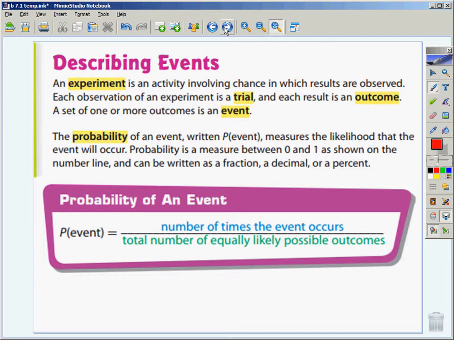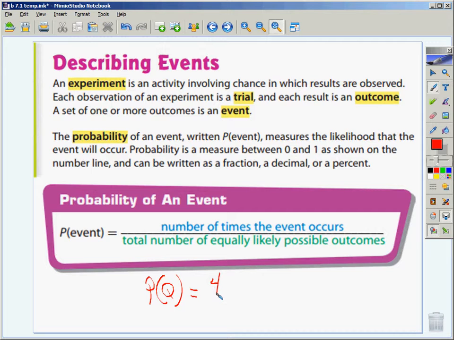When you're figuring the probability of an event taking place, it's written this way. And whatever that event might be, maybe you're talking about a standard deck of cards and the probability of drawing a queen. Well, how many queens are in a deck of cards? 4.